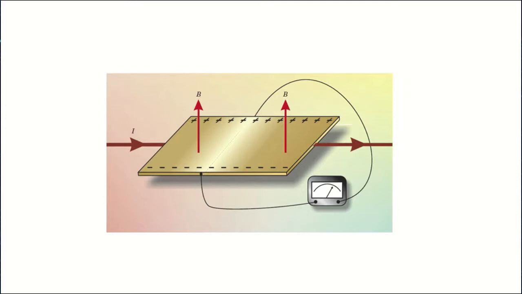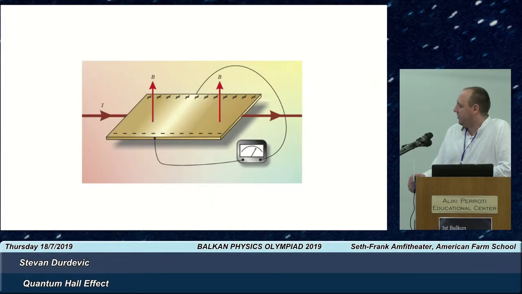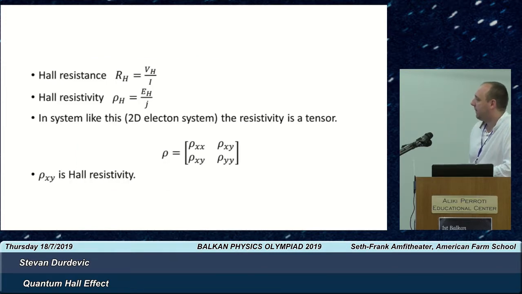More electrons will be on this side with dominantly negative charge, and in that direction we have some voltage that's called the Hall voltage. And this is the essence of the classical Hall effect.